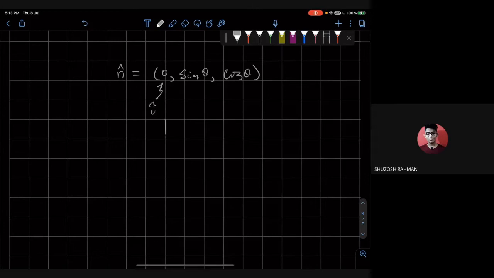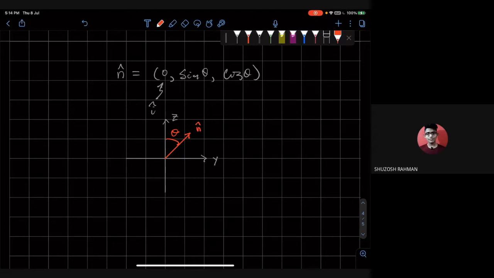So if I draw a picture, this is my y-axis, and this is my z-axis, and the direction that we are considering is some arbitrary direction in the yz plane. It makes an angle theta with the z-axis.